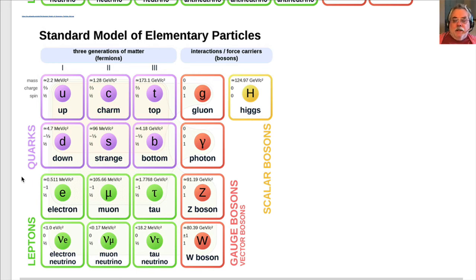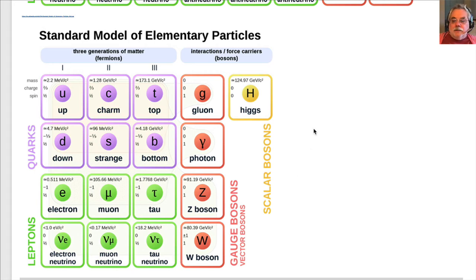In addition to lepton number, there are lepton family or flavor numbers. Electron number is the number of electrons plus electron neutrinos minus their antiparticles. Likewise, muon number and tau number.